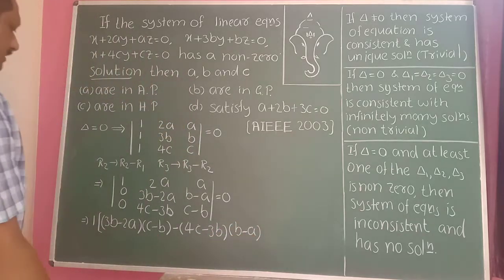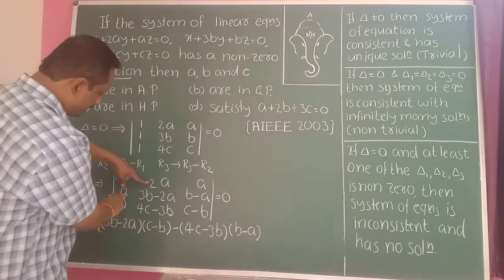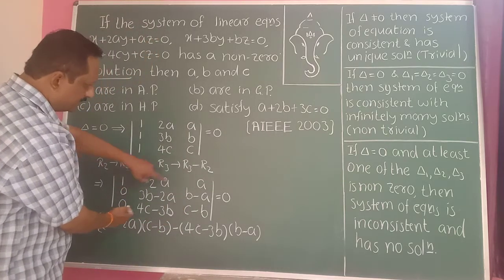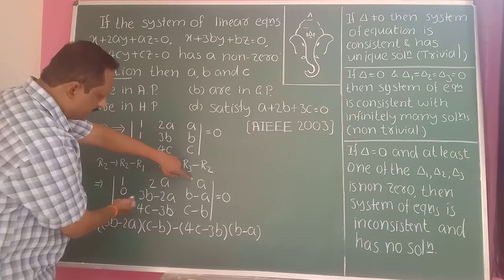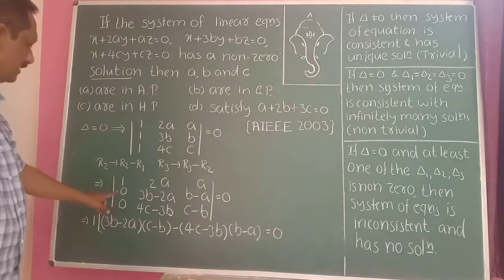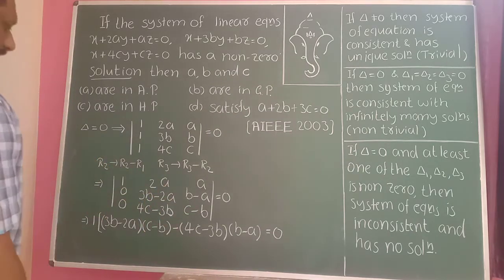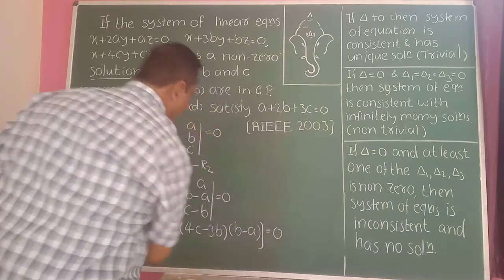Then 2a into this term is 0, and a into the term becomes 0, because these two terms are 0 here. So the next two terms become 0 in this case. The bracket is complete.